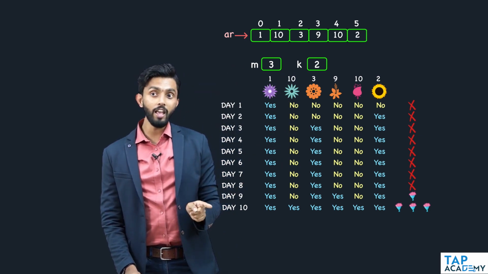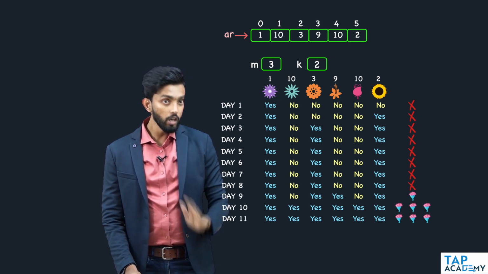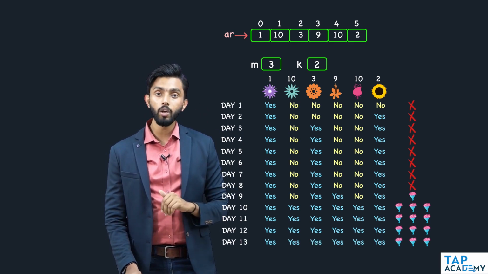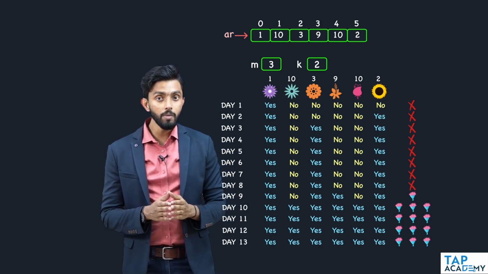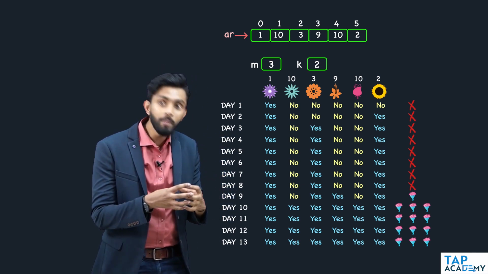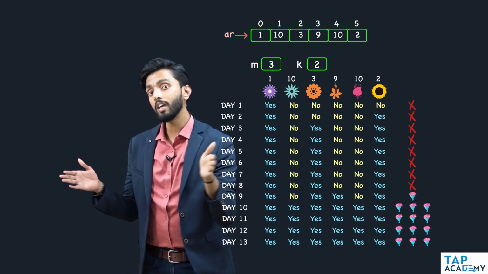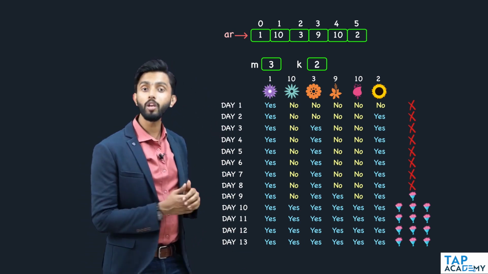Now, if on the 10th day you could make 3 bouquets, the 11th day also you could have made 3 bouquets. 12th day also, 13th day also. Possible. But they are asking you, tell me the minimum of the maximum days in which I can make 3 bouquets. In the 11th, 12th, 13th, 14th, you can make bouquets in all those days.